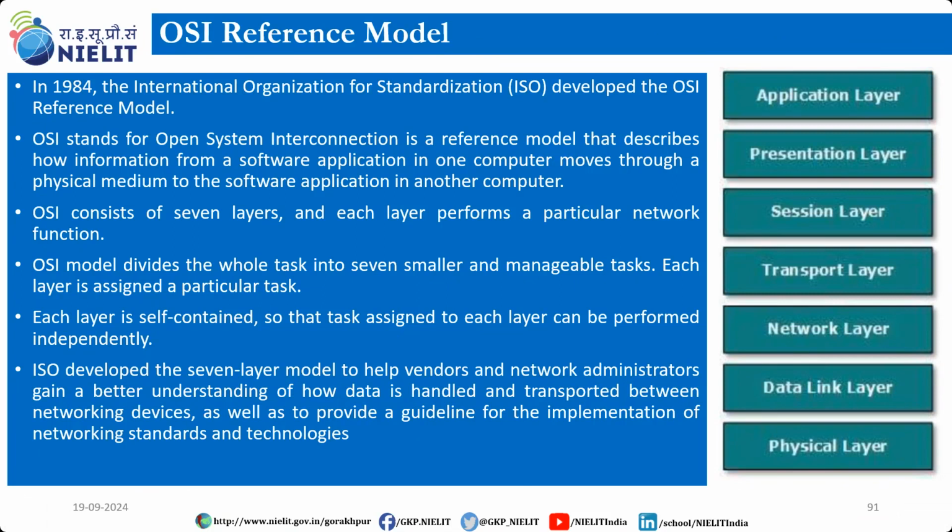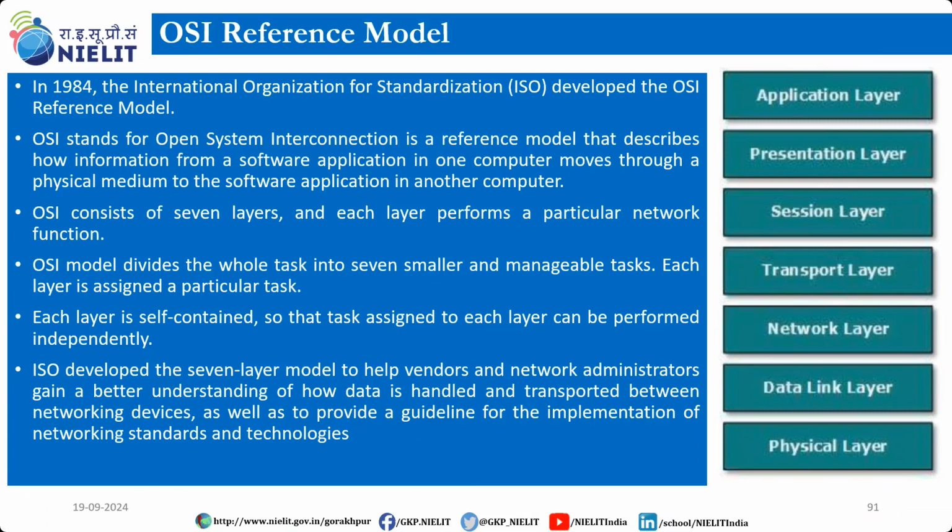OSI was basically documented to ease the understanding of complex TCP/IP software. So the complex networking function from PC to PC communication or any network communication can be divided into 7 different layers.